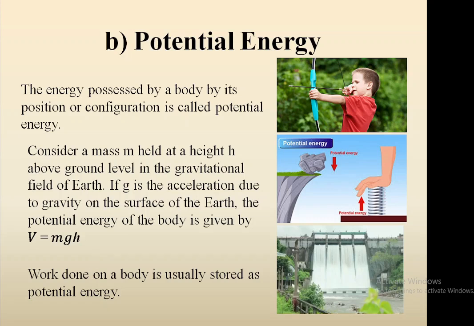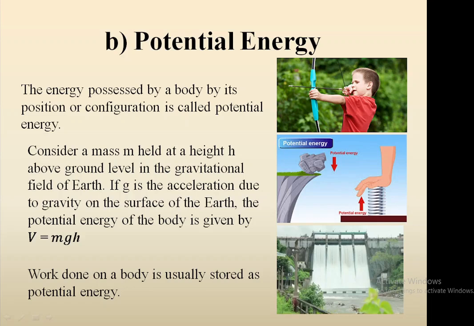The work done on a body is usually stored in that body as its potential energy. In the case of other forces like electric forces or magnetic forces, the potential energy is defined in terms of work done on the object.